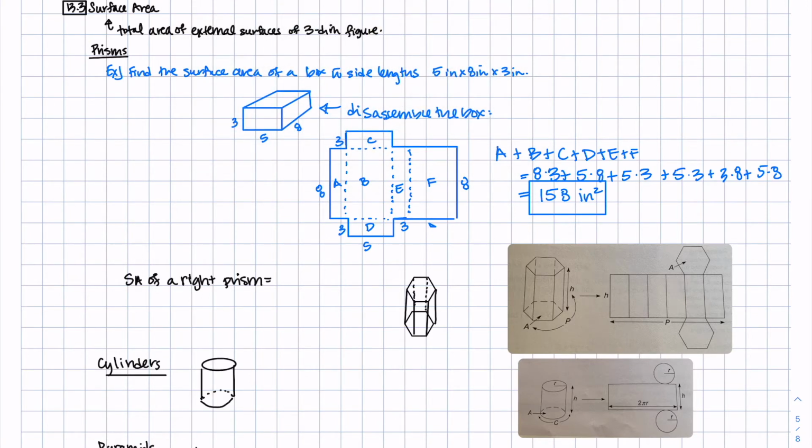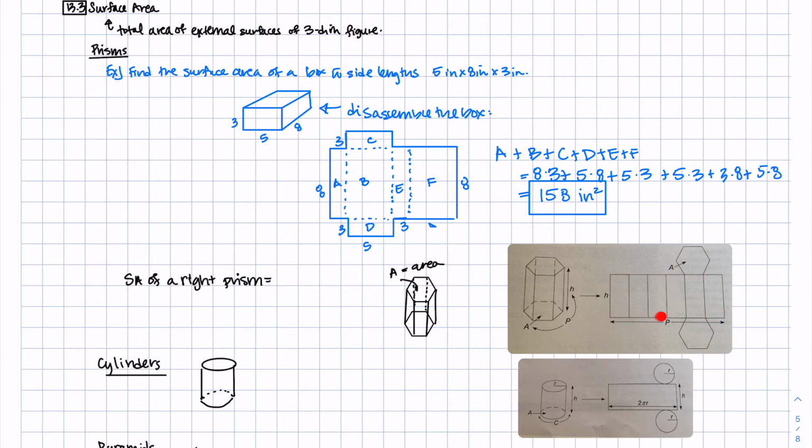And I notice that I have two of those that will make up my surface area. When I disassemble the rest, what I end up with is a ginormous rectangle, right?